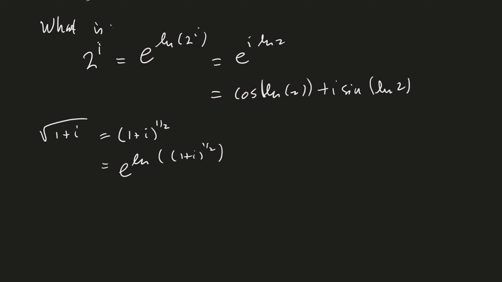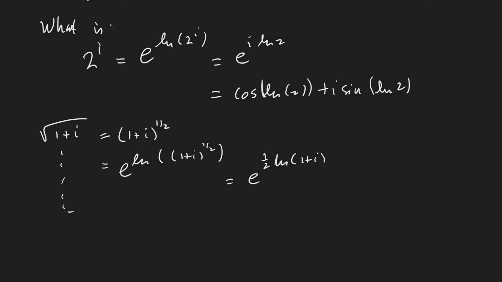Well, we're kind of doing it now. You're going to take e to the 1/2 times the natural log of 1 plus i. But of course, what's the natural log of a complex number? You have to rewrite that in exponential form, or in what form? Polar form. And so I could have just rewritten this in polar form to begin with.